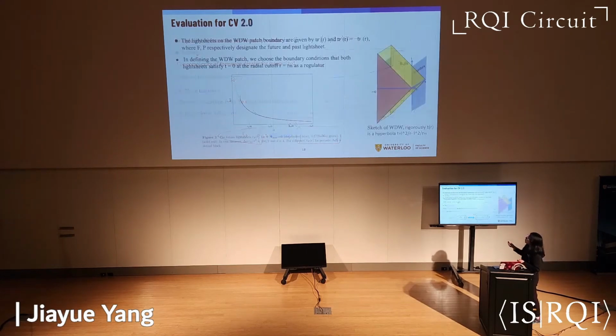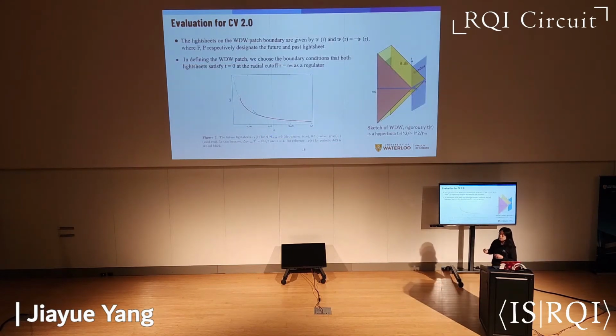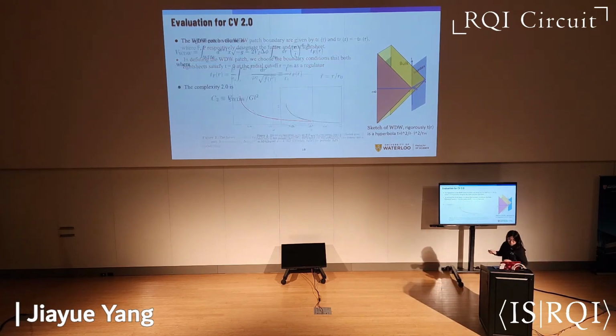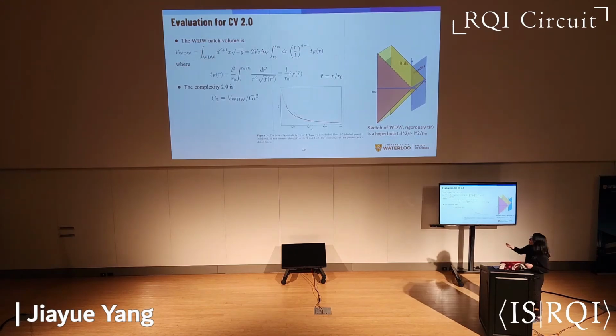For the CV version 2 and the CA conjecture, we need to find our Wheeler-DeWitt patch. This diagram shows the shape of our future light sheets, this area, and we can also have past light sheets. So this figure helps us define our Wheeler-DeWitt patch.